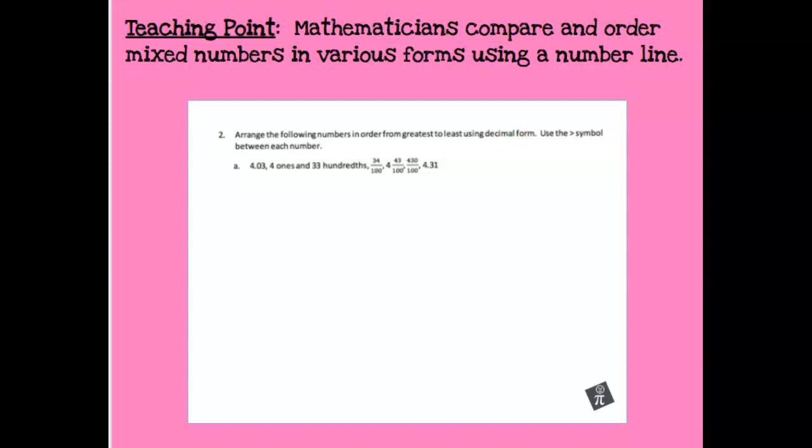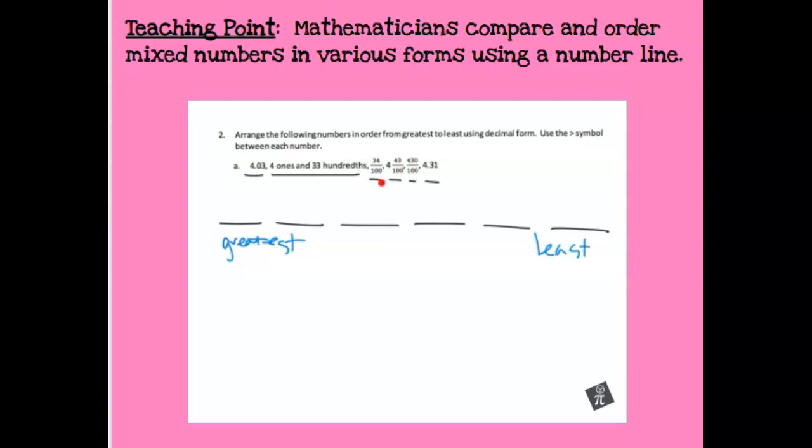I see that we have 1, 2, 3, 4, 5, 6 numbers, and so let's write those down. We are going to write them from greatest to least. So the greatest is way over here, and the least is way over here.